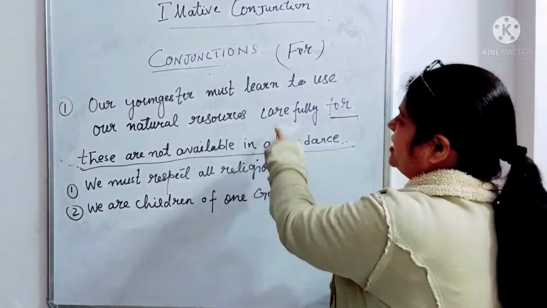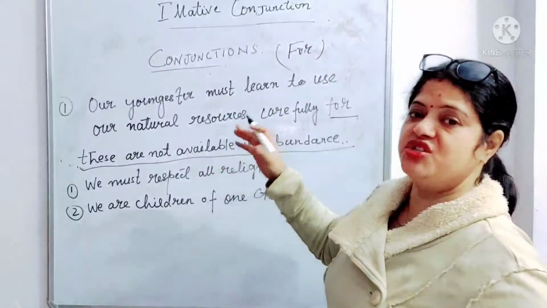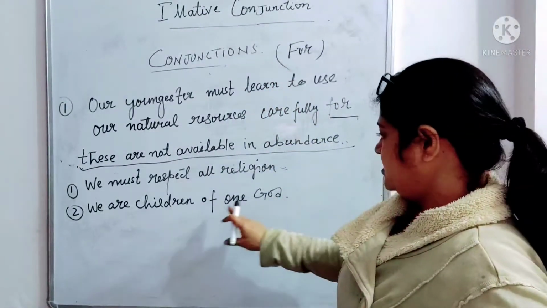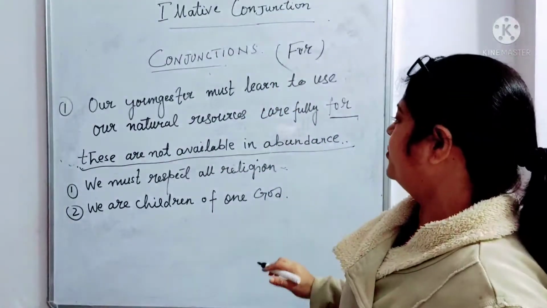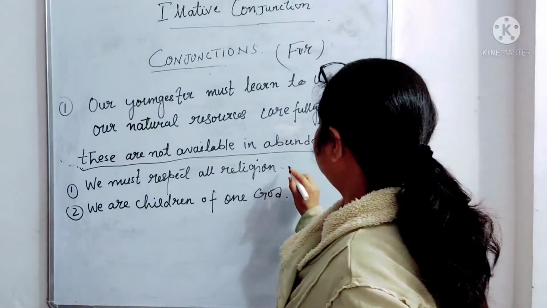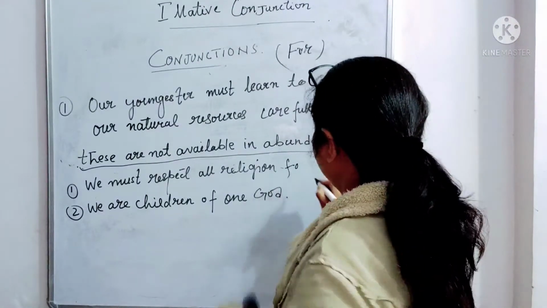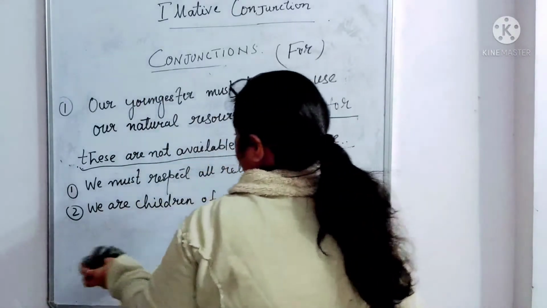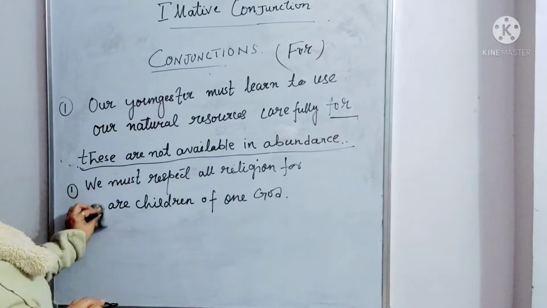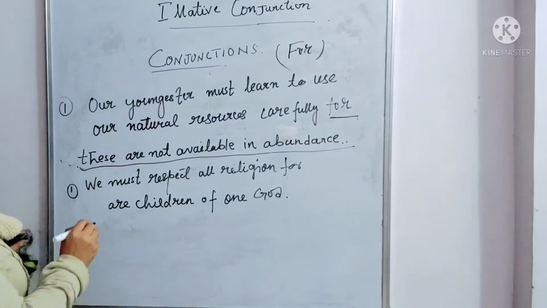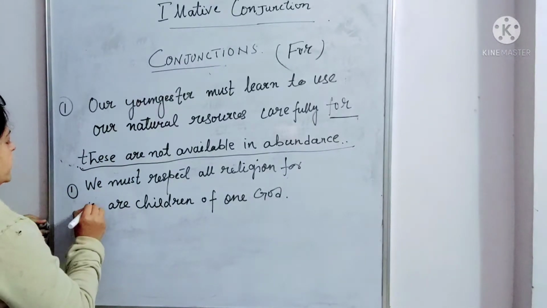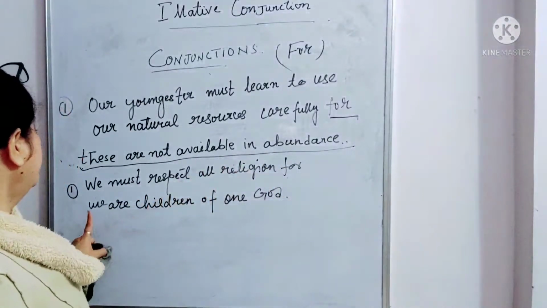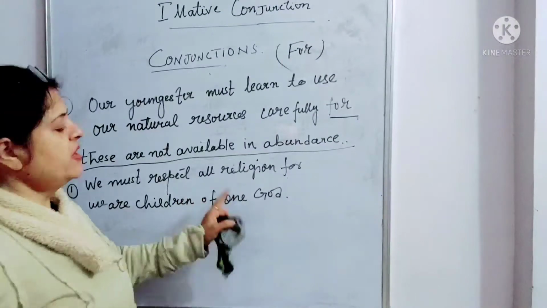Here we see that this sentence is showing reason, so before it we are going to add the conjunction for. Before the starting of the second clause, we will write it in a small letter. So we must respect all religion, for we are children of one God.